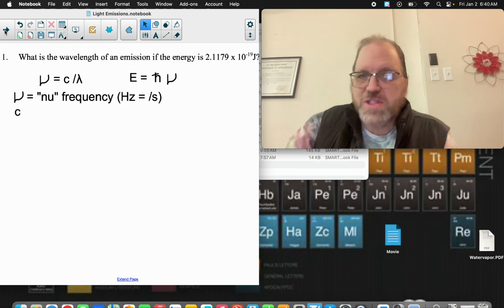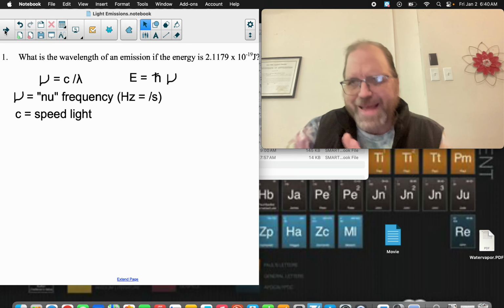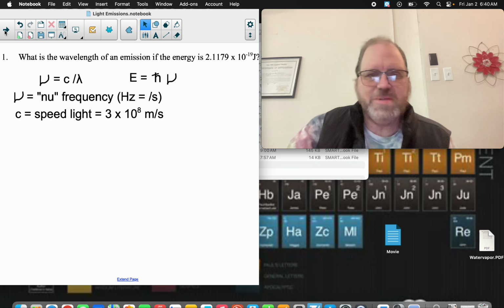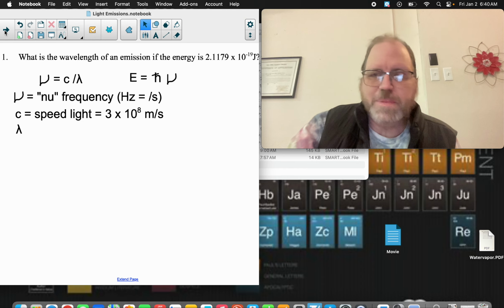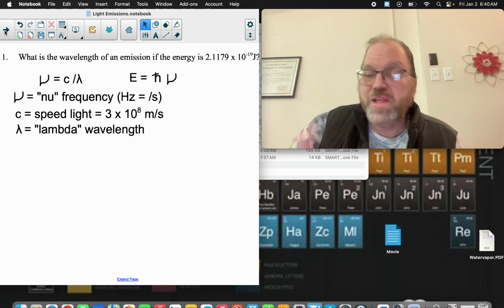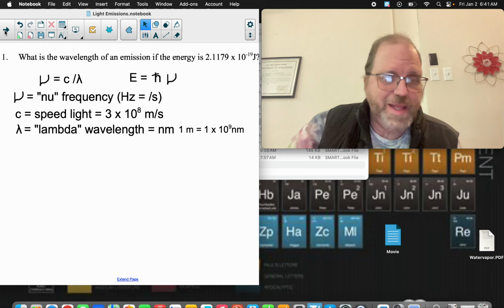All right, c is the speed of light in a vacuum. It's 2.99 times 10 to the 8th, but to make it easier, you're just going to call it 3 times 10 to the 8th meters per second. And then the upside down y, that's called lambda. Lambda means wavelength, expressed in nanometers. 1 meter is 1 times 10 to the 9th nanometers.